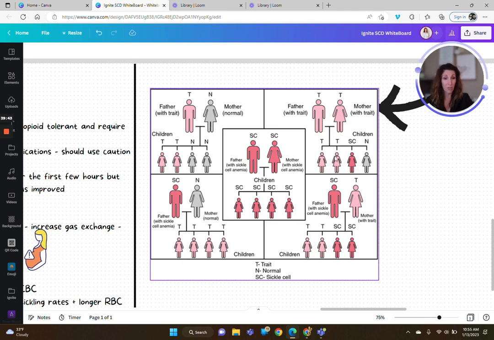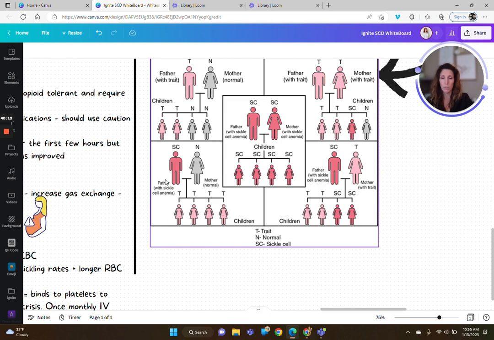It's kind of convoluted, but just keep in mind that the person who's pink here has one normal and one abnormal gene. Their kids are going to get one from each of them, and they may get the normal or the abnormal. Obviously, they could have two in a row that have nothing, but statistically, this is what's most likely to happen.